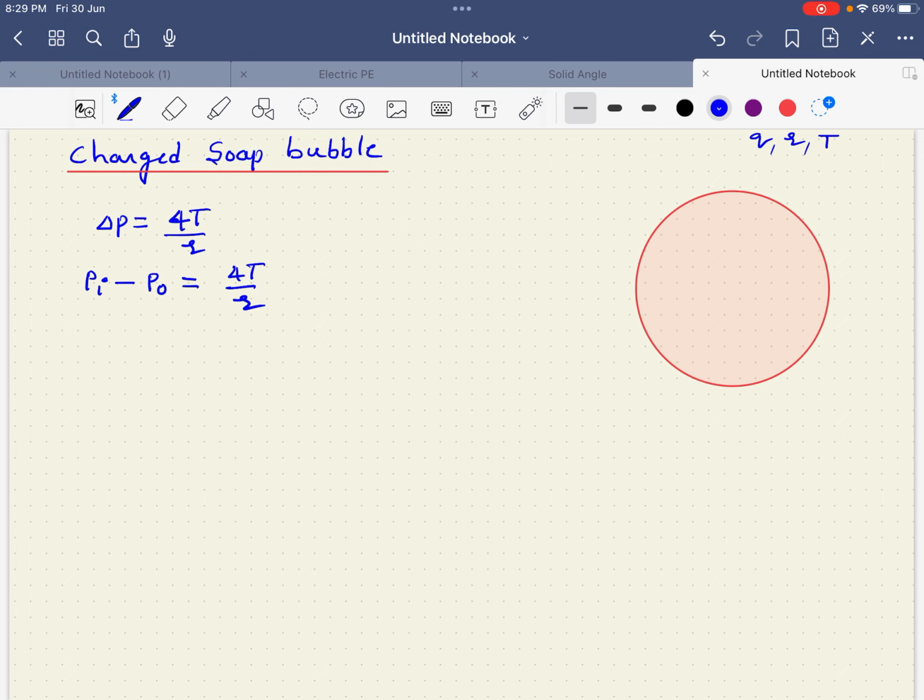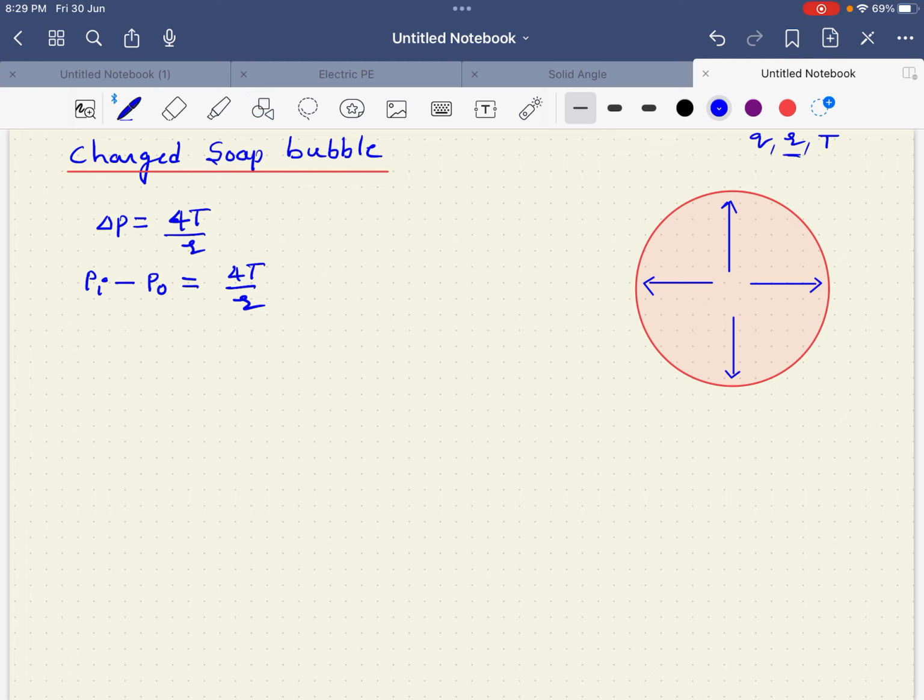Initially the radius, as given, is R. Let me consider the pressure inside in all directions, so in all directions we have a pressure like this.